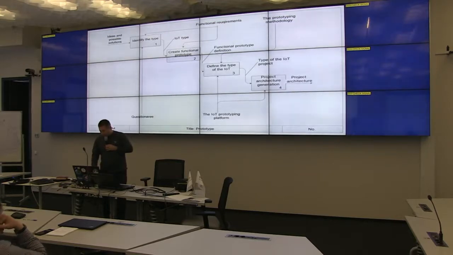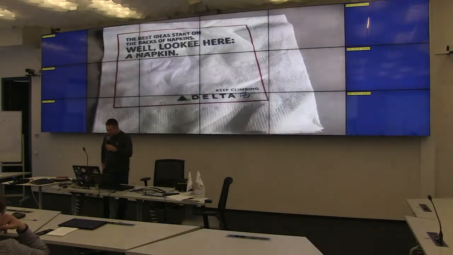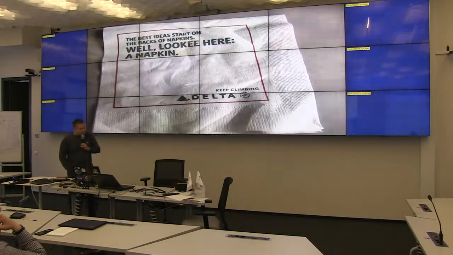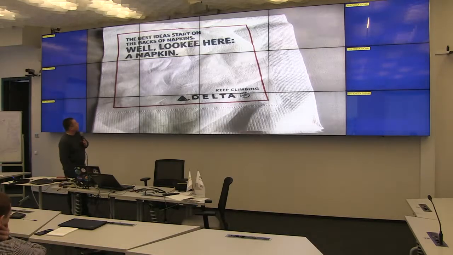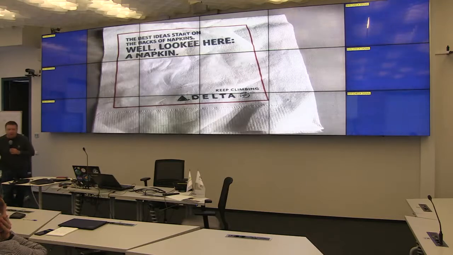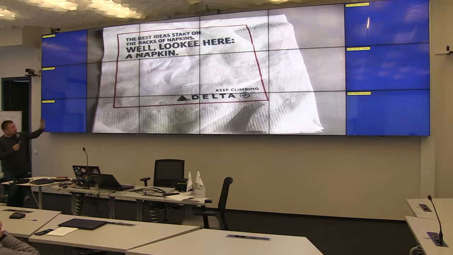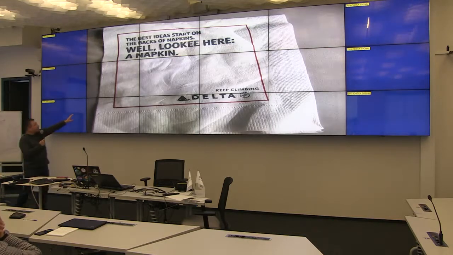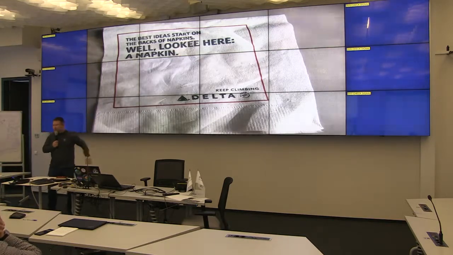And more importantly, I think this is one of my last slides. As you can see, that's what I found on Delta. I heard rumors, especially from Skoltech Management School, that the founders of Skoltech actually brought the first ideas, maybe not on the Delta, but using this napkin.